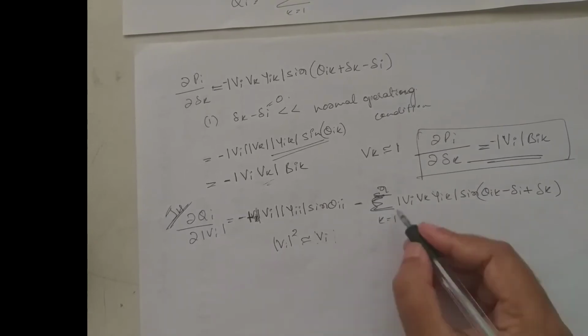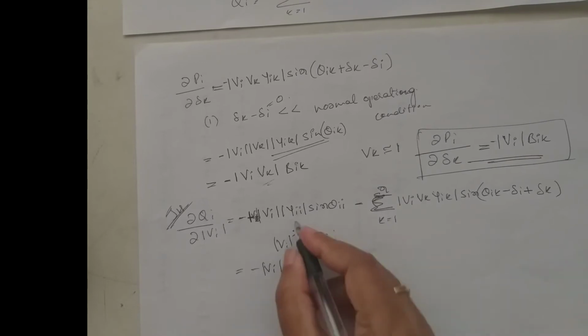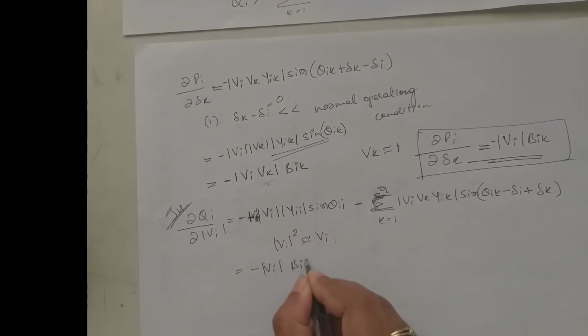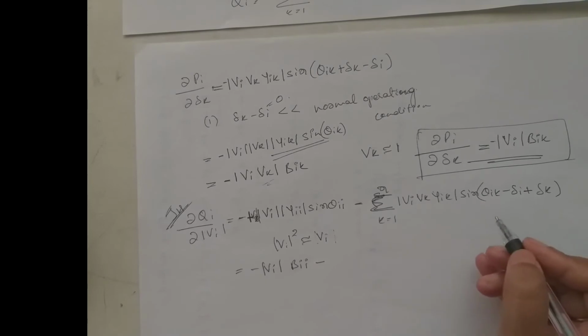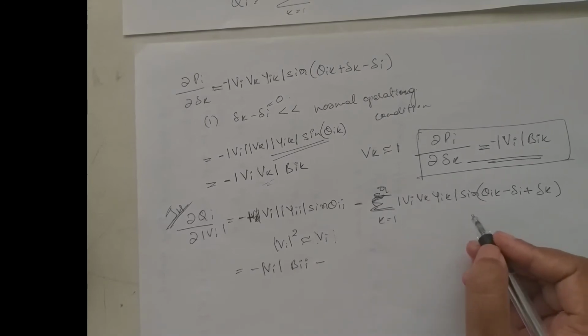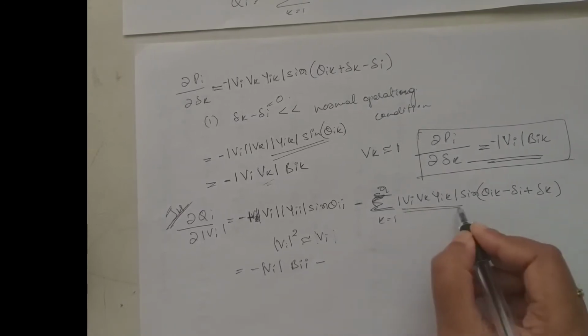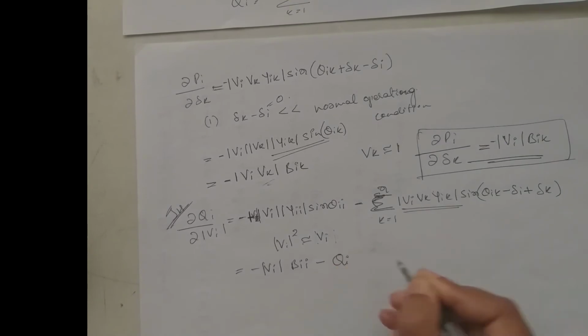Then we have minus Vi Yii sin theta ii, which is Bii, minus Vi, assuming Vk is equal to 1, because this itself indicates Qi.